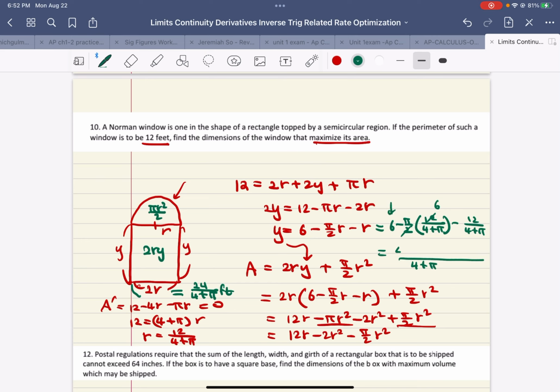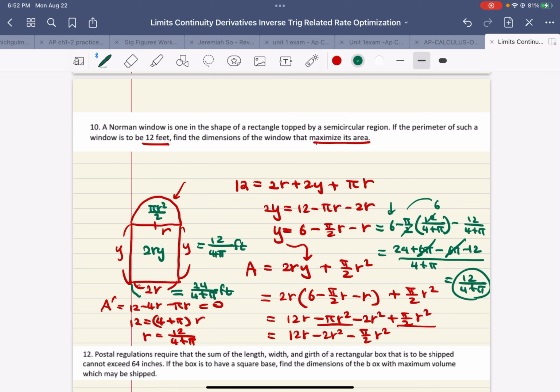So 24 plus 6 pi minus 6 pi minus 12. So the 6 pi cancel, and 24 minus 12 is 12 over 4 plus pi. So that's the y value, 12 over 4 plus pi feet. So those are the dimensions to have a maximum area.